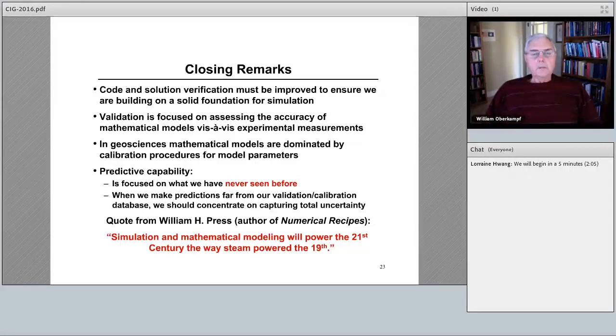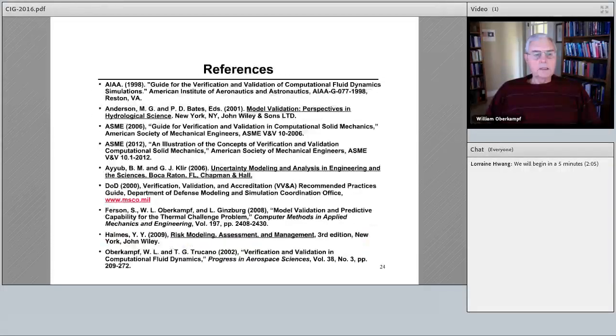Yeah, in the talk, which I think you're going to make available on your website, and that's fine, I have a couple of pages of references here. Most of them I try to cite if I use them in the talk. Heim's book, Jakob Heim's, is very good on risk modeling, assessment, and management of all different kinds of systems.